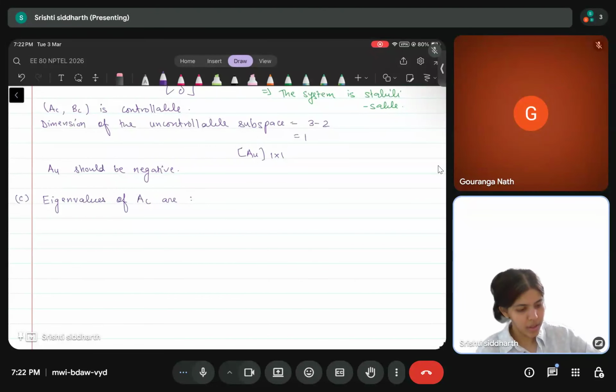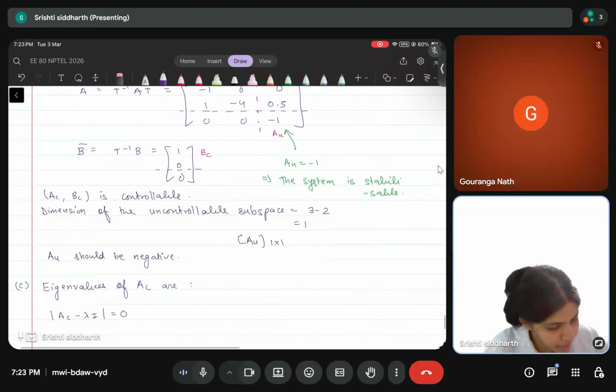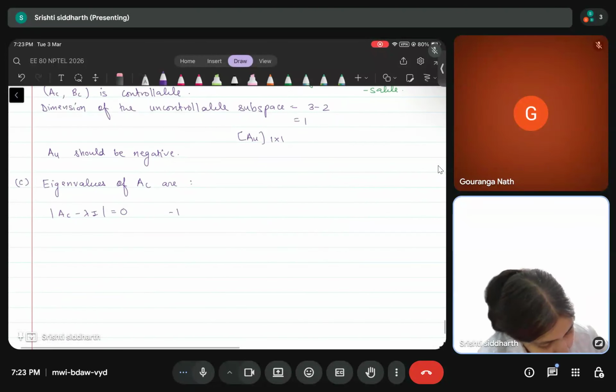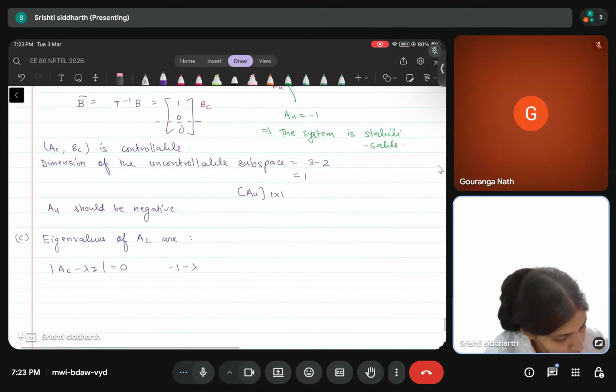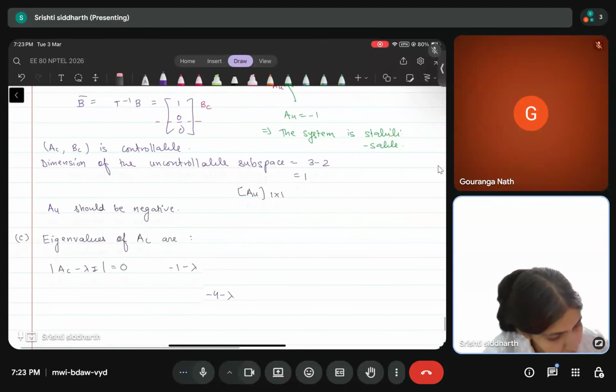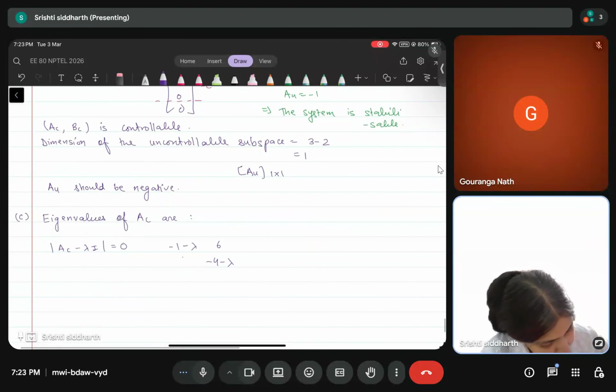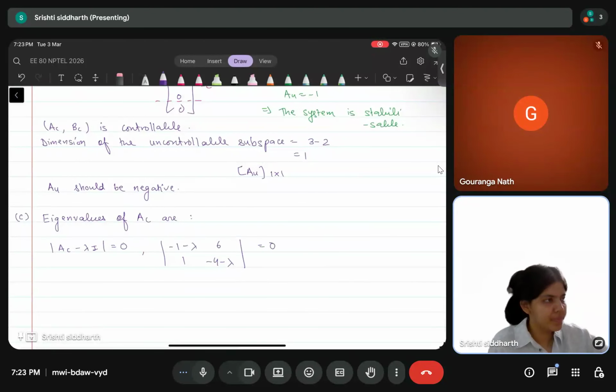So the determinant of AC minus lambda I equals 0: minus 1 minus lambda, 4 minus lambda, 6 and 1. This should be 0.